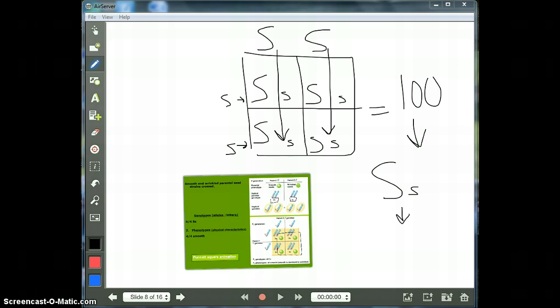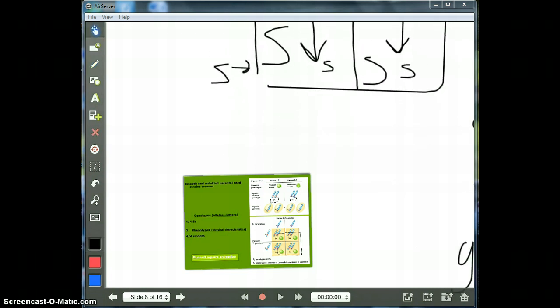That letter combination is called a genotype. The genotype is a letter combination. Now, what do they all look like? If they have at least one big S, what should they be? Let's go back to our picture.